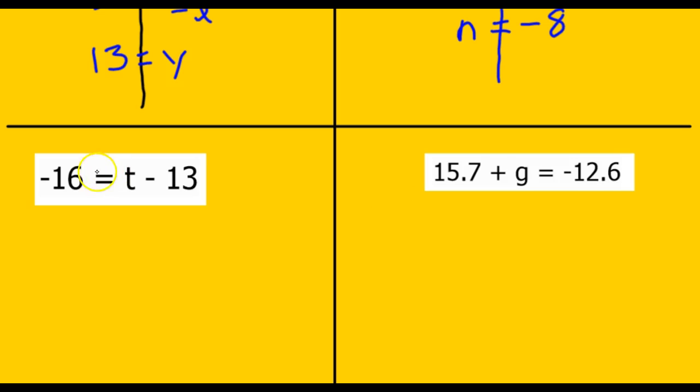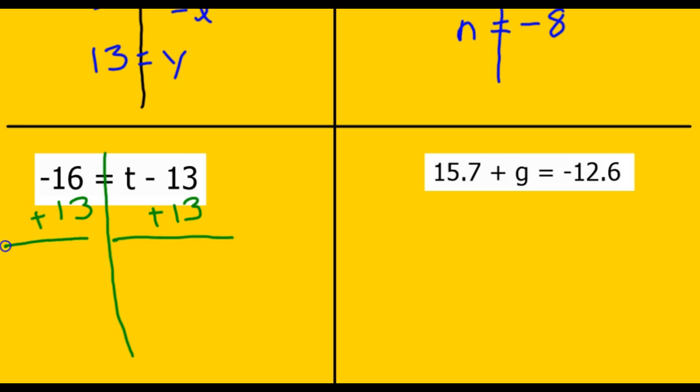Okay, this one, we're going to draw our balance line. Now we have t minus 13. So for t minus 13, the opposite is plus. We're going to add 13. Now because I have a negative and a positive, and I'm doing addition, I know that I can take 16 minus 13, and that's going to give me 3.